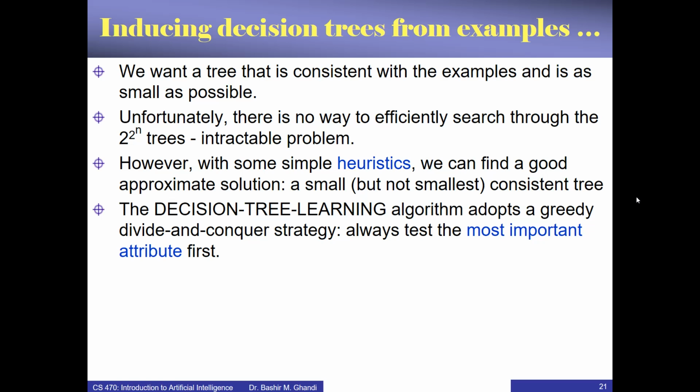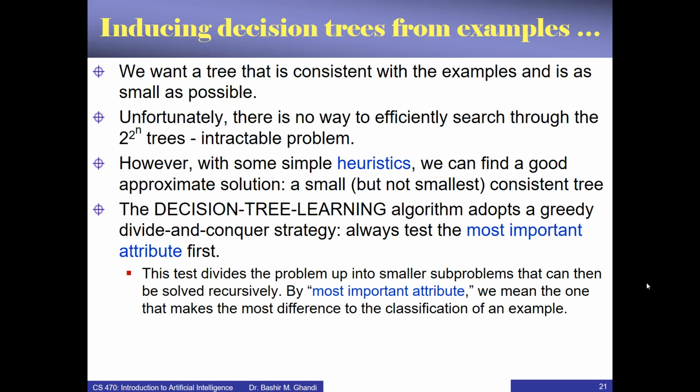And the heuristic is given by a decision tree learning algorithm, which is a greedy algorithm that uses a divide and conquer strategy. And here the greedy choice is to always test the most important attribute first. Later on we will learn how to actually find the most important attribute.